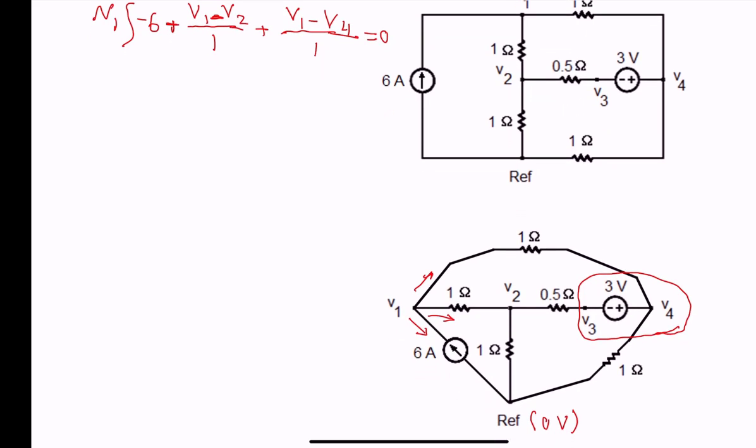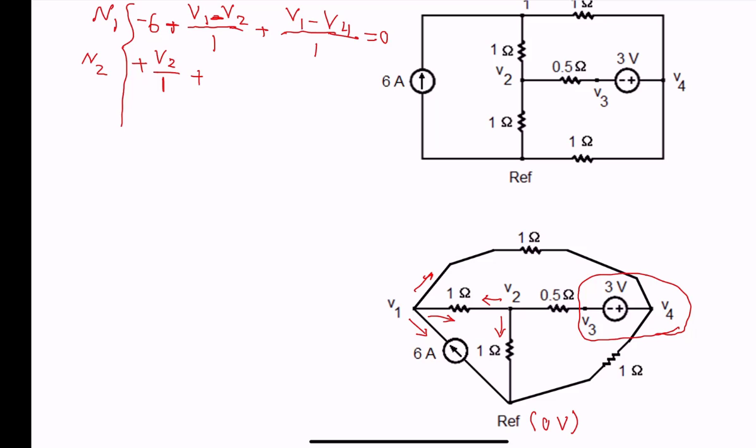Let's go to node 2. Current going straight down at node 2 is V2 over 1. Move clockwise. Next, we want to look at the current going from node 2 to node 1.